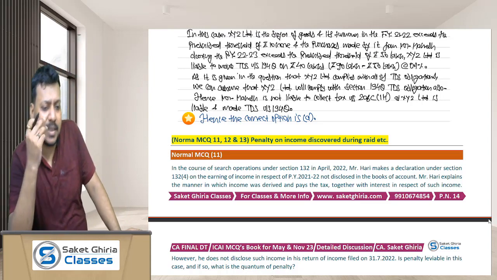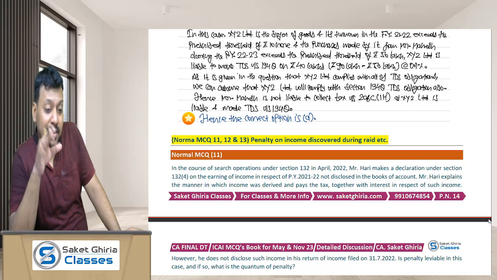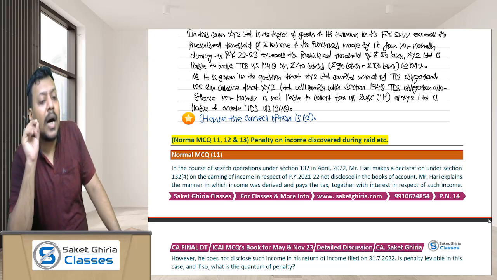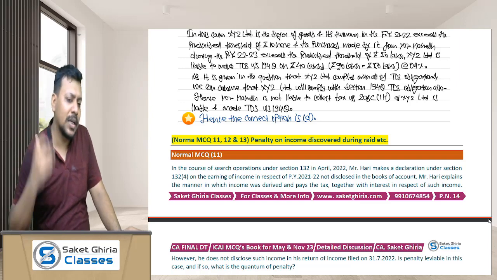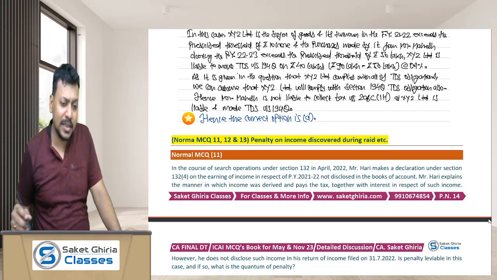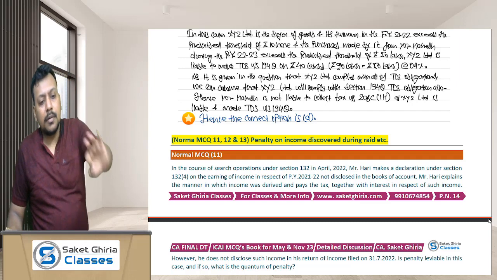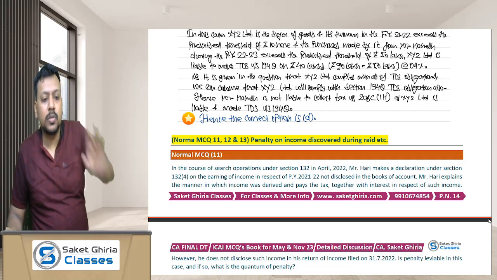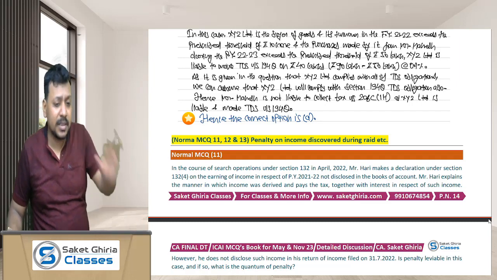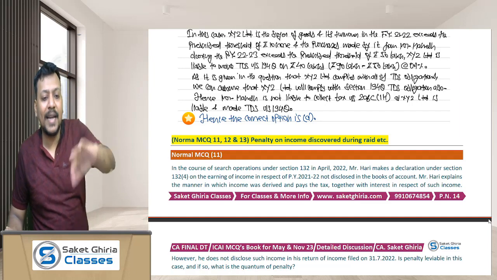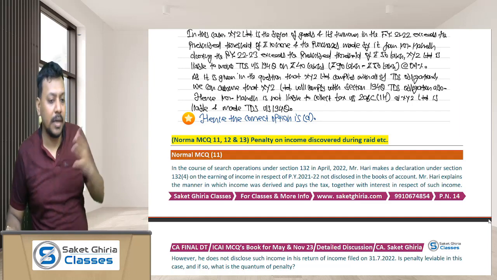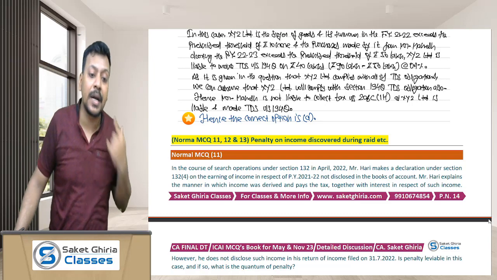Dear friends, a raid occurs under section 132 of the Income Tax Act. During a raid, usually the income tax department discovers undisclosed income, undisclosed assets, etc. If they have discovered undisclosed income or assets, first they will try that you come forward and make a voluntary compliance.